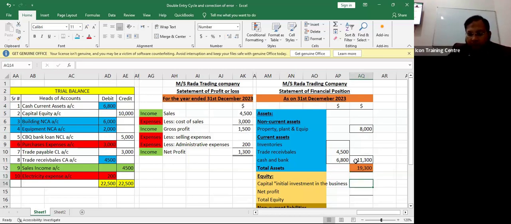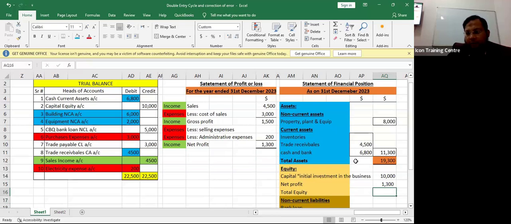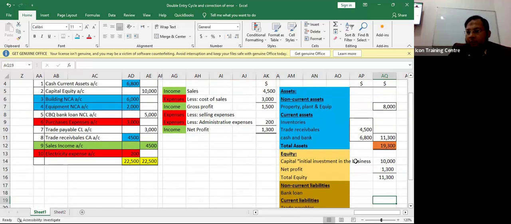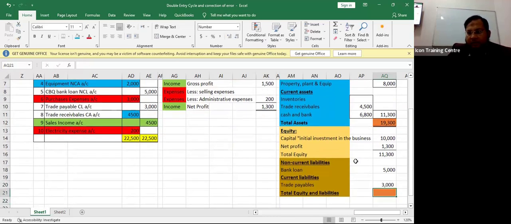Then equity. Do we have capital in our business? Yes, we have. And that is how much? 10,000 capital, right? Do we have net profit here? 1,300. So your total equity will be 1,300 plus 10,000. Do we have a bank loan here? CBQ. Do we have trade payables? That's all.